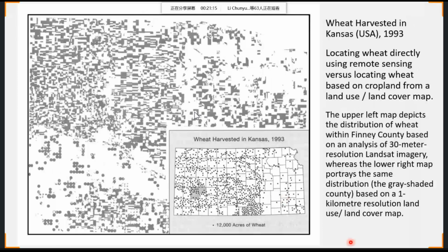Now here we have remote sensing data. It's the same example, but what you see in this section is just a small area of Kansas.